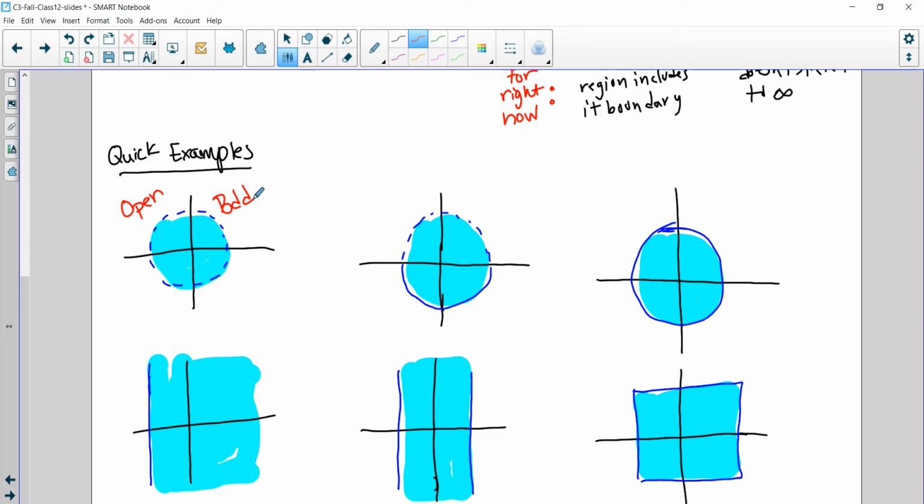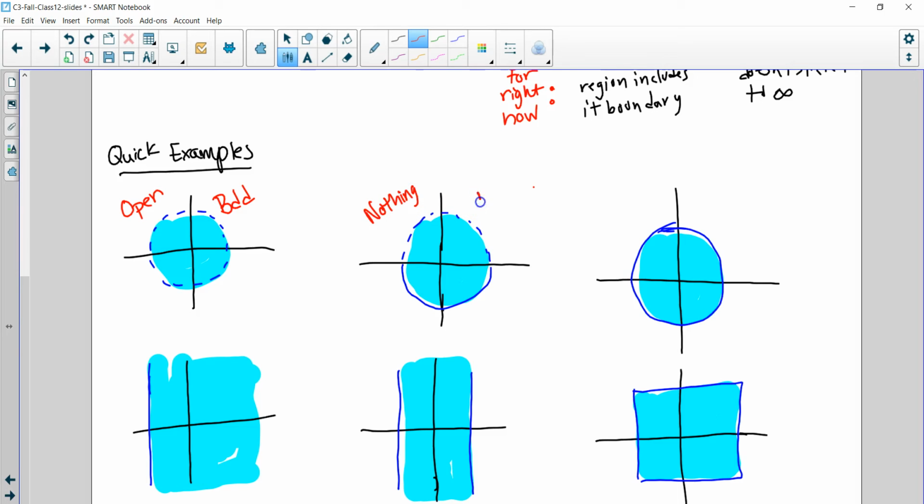Second one, half of the boundary is included, but not all of it. So we can't really say it's open or closed. It's kind of awkward, so we're going to say nothing in terms of open or closed.